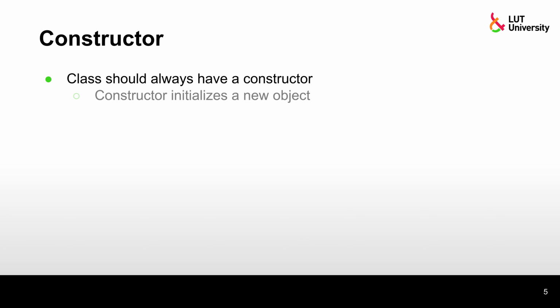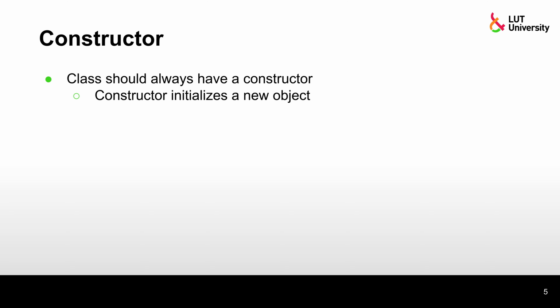And when we are building a class, there should always be a constructor. And the constructor initializes a new object. So in Java, if you build a class that does not have a constructor, then Java will automatically create a default constructor.